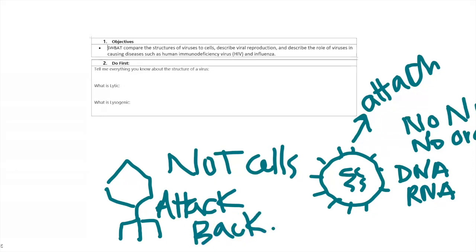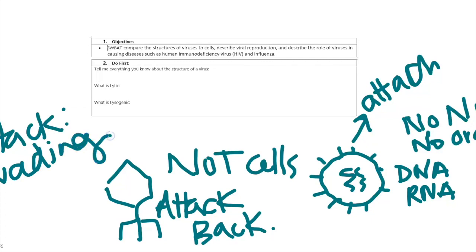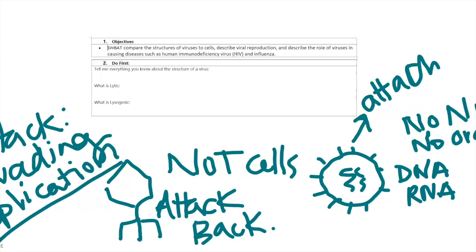Okay. Now, remember when viruses attack, they attack by invading the cell and then taking over its replication process. Now, they don't want it to stop replicating, because if it were to stop replicating, then the virus would die.